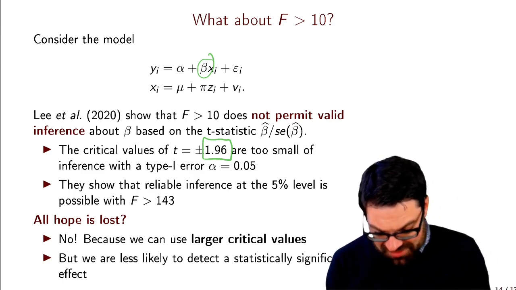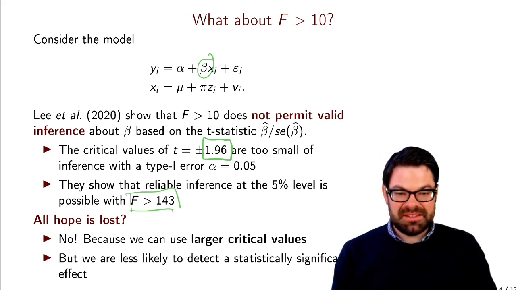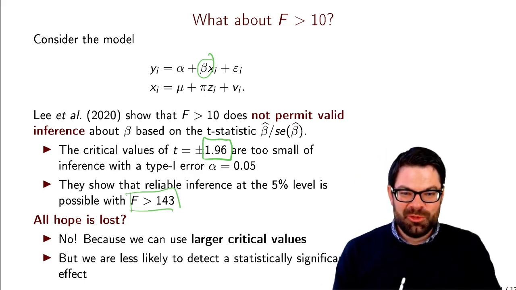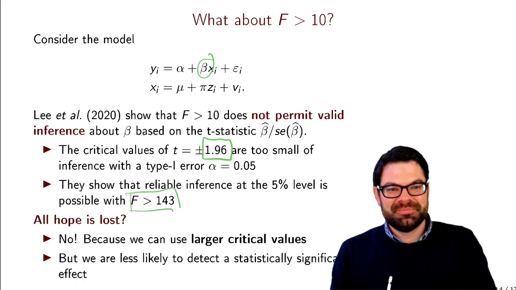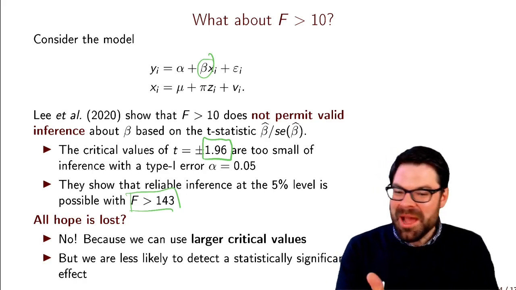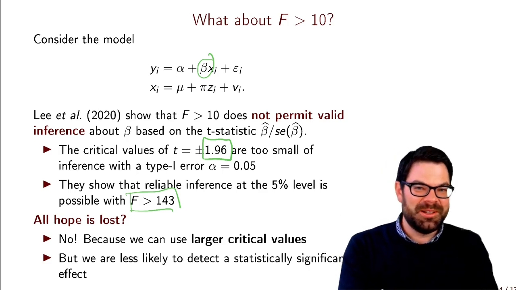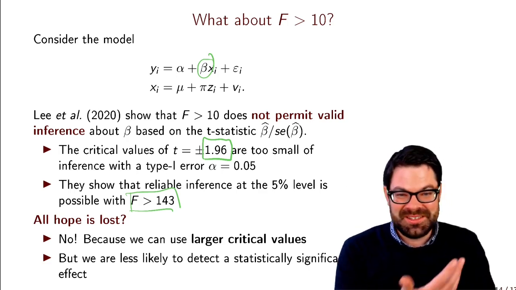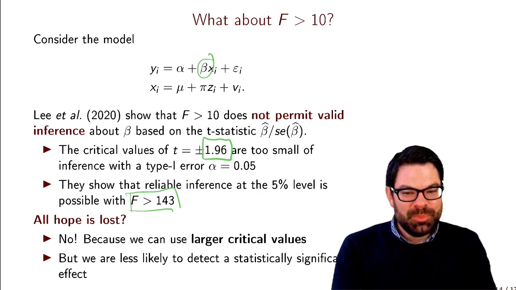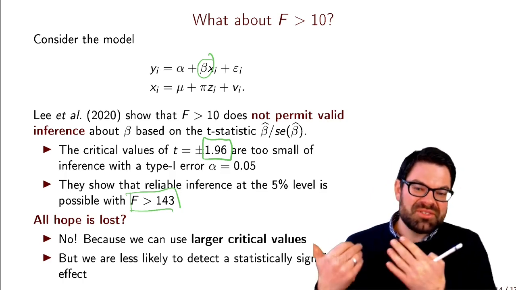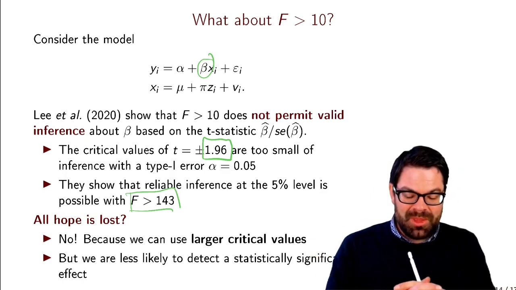In their simulations, the F that you would need would be 143. When that came out, everyone looked at their IV papers where you have F statistics typically 30, 40, if you're lucky 60, 70, 80. But that's an extraordinarily high F.